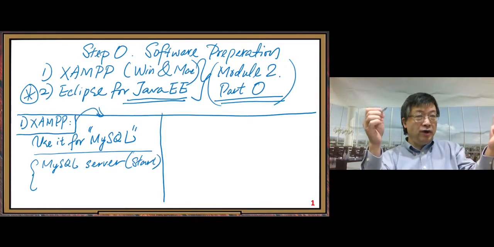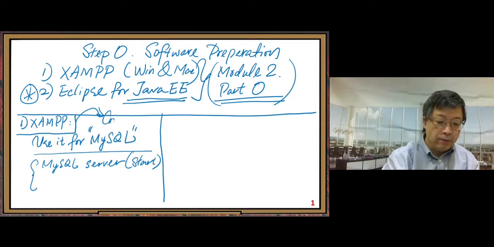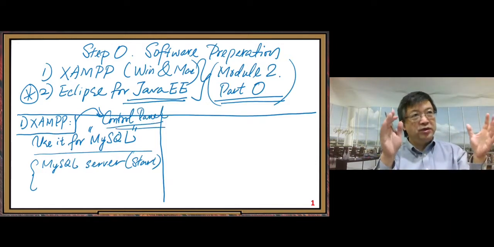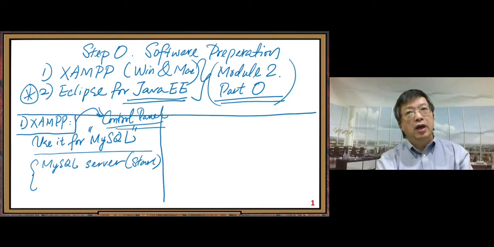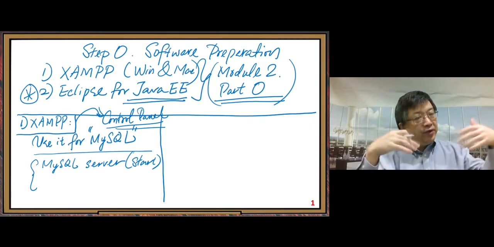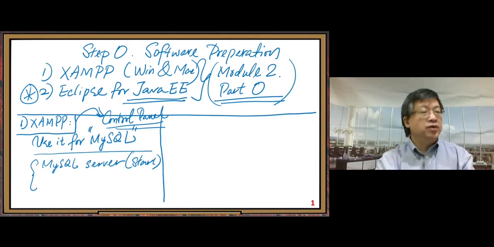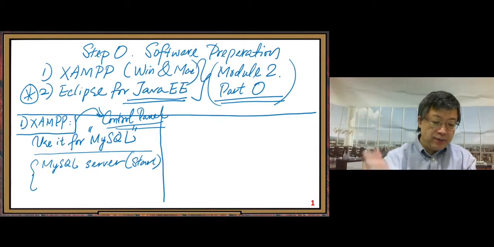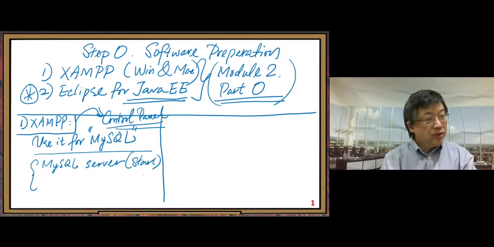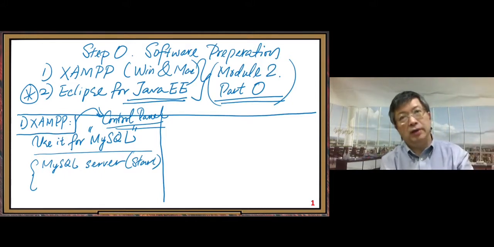After you install XAMPP, you have a control panel icon you can find on your machine. You double click it to open it. Later when I go through the tutorial, you will see it. Very easy. Then the MySQL Server, you start it from the control panel by clicking the start button. Later I will show you.